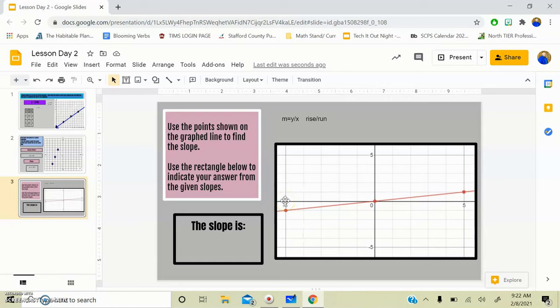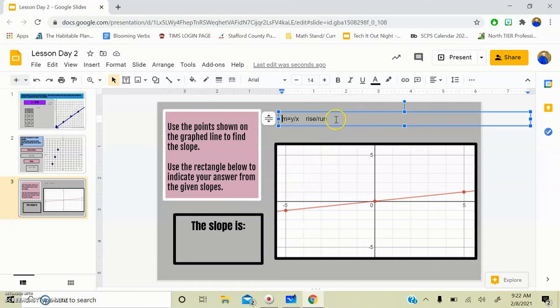I see on the thicker black line that there is a point on it. So I'm going to stop, and I went up 1. Now I'm going to figure out how much I need to go over to get to that point. I'm going to go over 1, 2, 3, 4, 5.